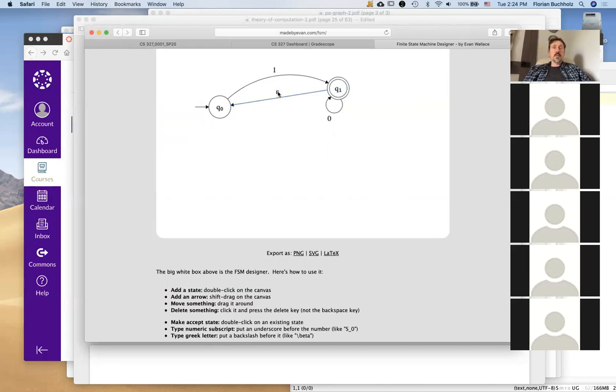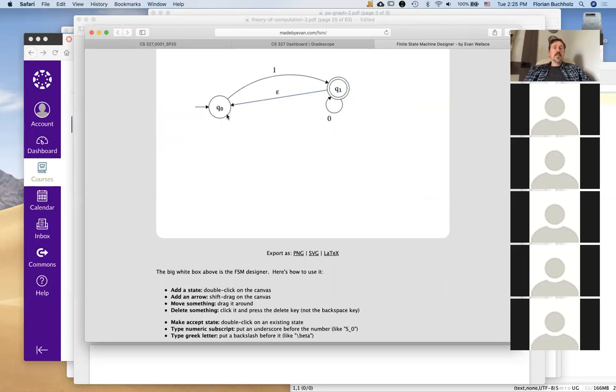If I want to change the name, I'm going to click on it, and then I can just hit backslash, and like that. And that is pretty much all the functionality we need to draw stuff.